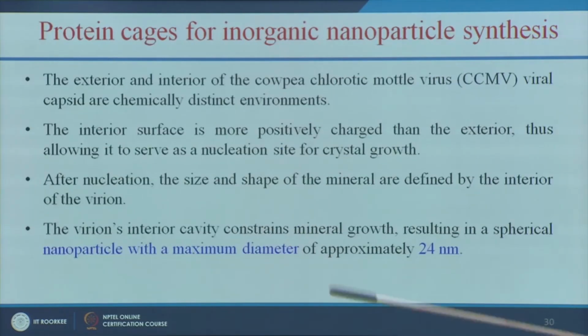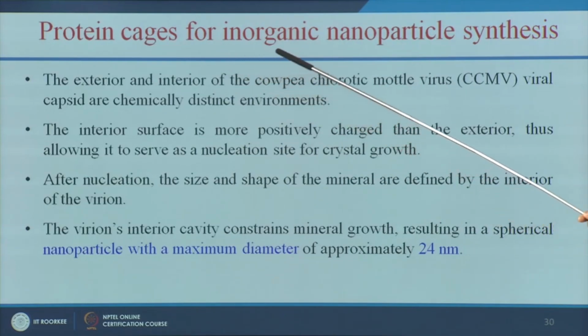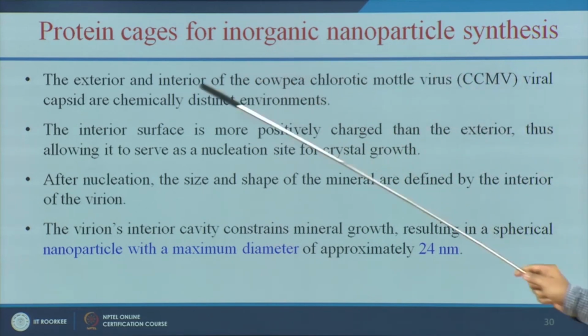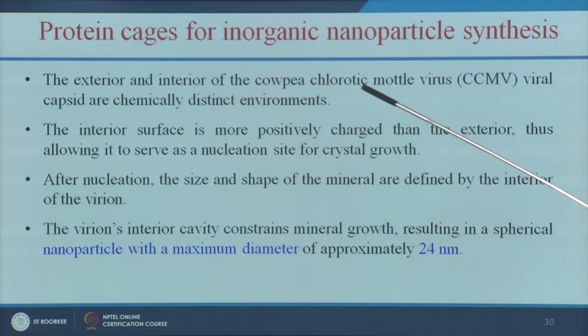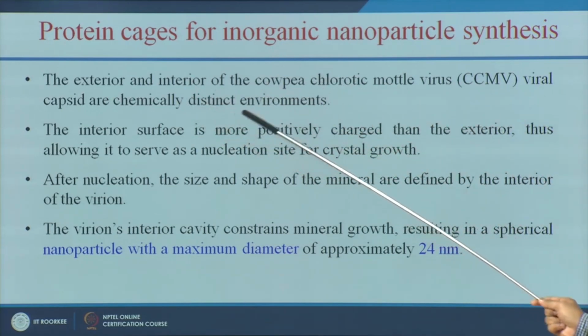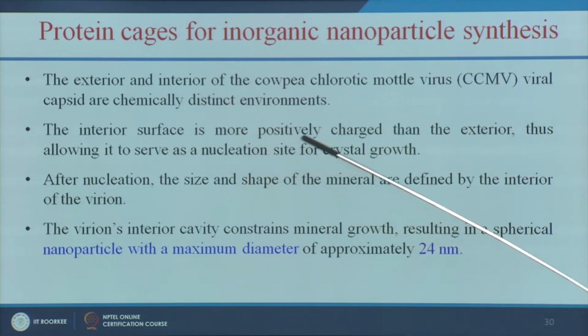And we can also use this protein cage for inorganic nanoparticle synthesis. So the beauty of this virus is the exterior and interior of this cowpea chlorotic mottle virus, CCMV, this viral capsid have a distinct environment. The interior surface is more positively charged than the exterior.